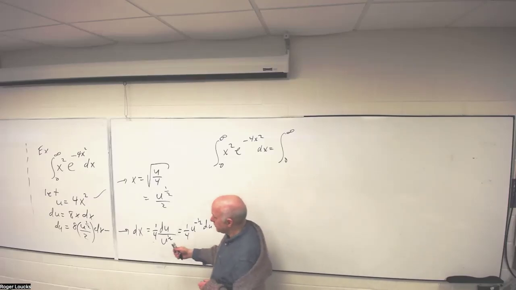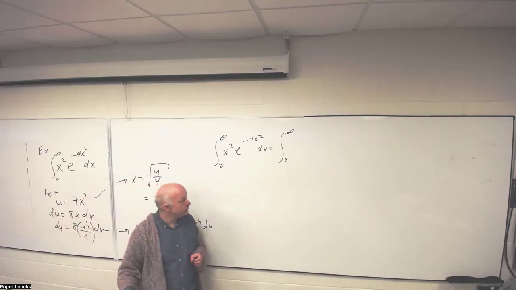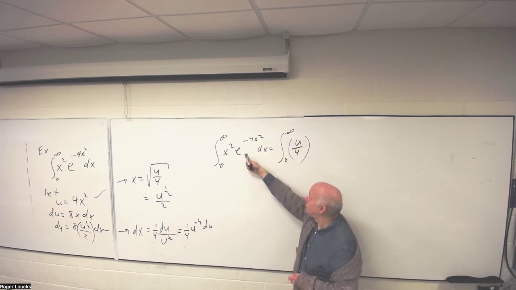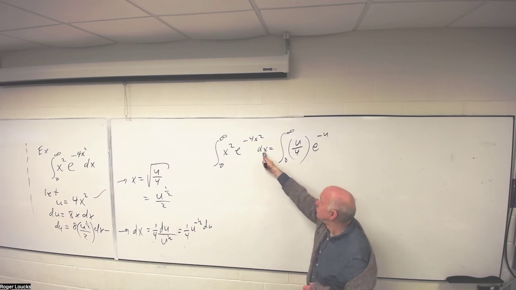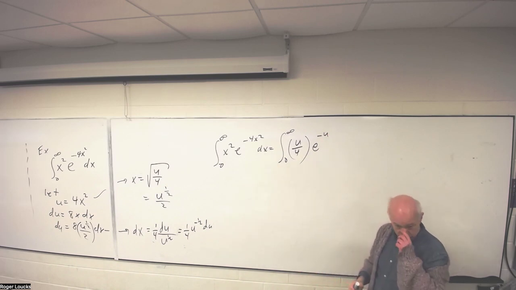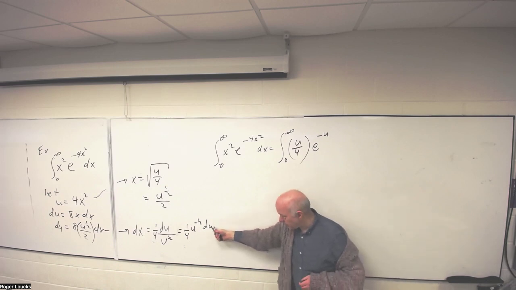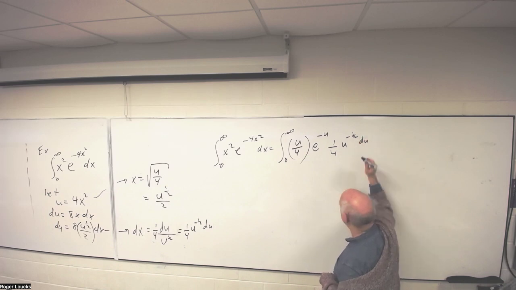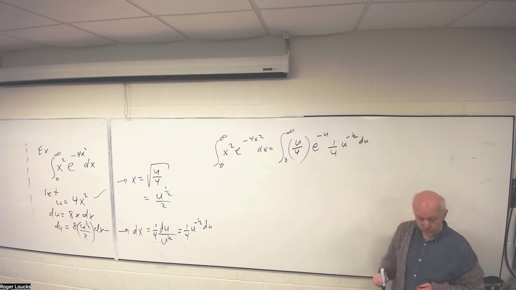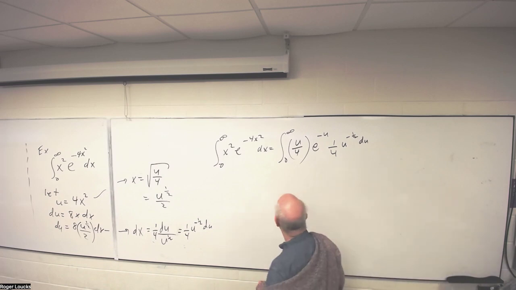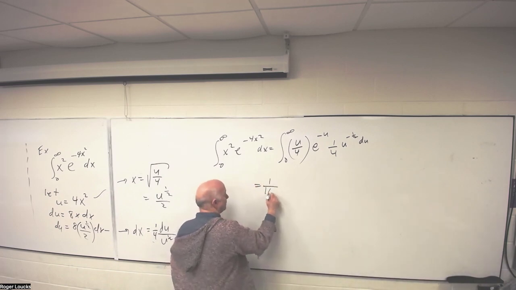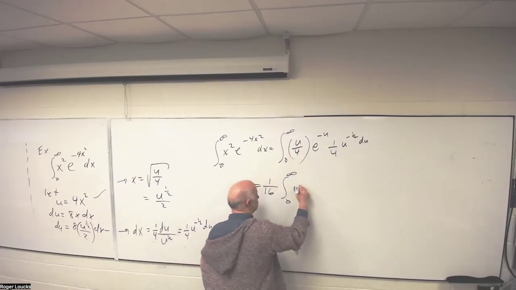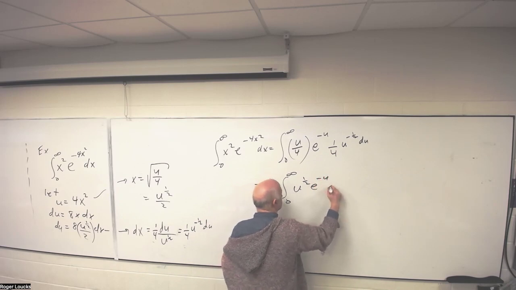My x squared is u over 4. This goes to e to the minus u. Tell me about dx. That's my buddy here, a quarter, u to the minus a half, du. Pull out all my constants. So I get 1 over 16, 0 to infinity, I have a u, then I have this guy here, u to the 1 half, e to the minus u, du.